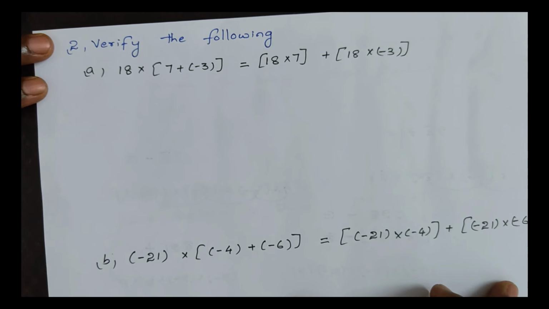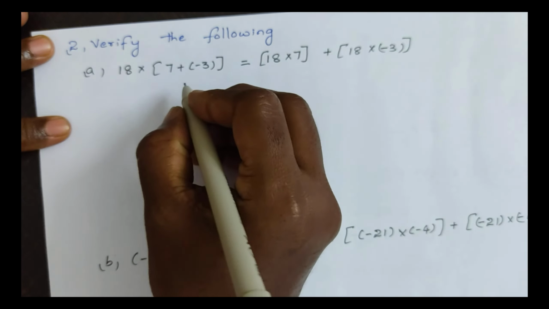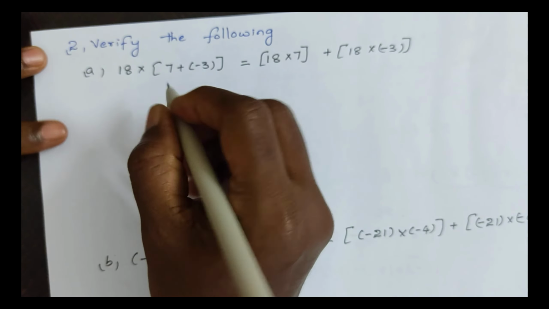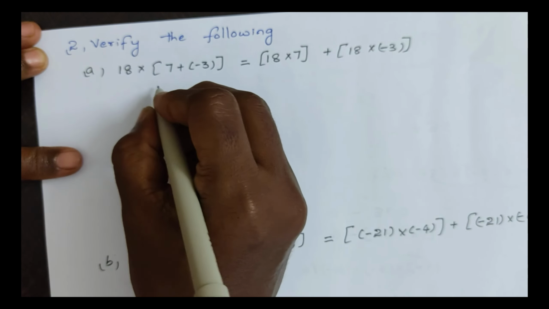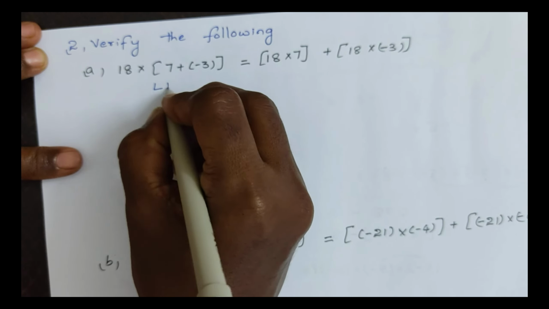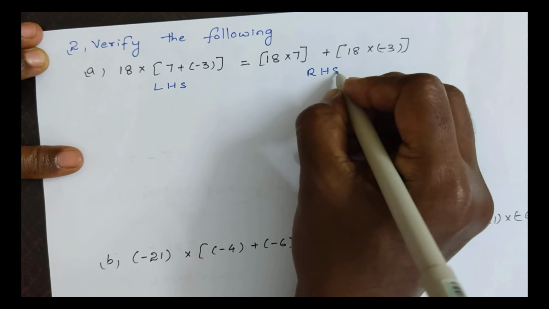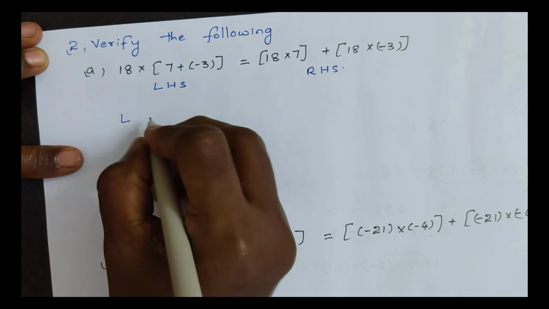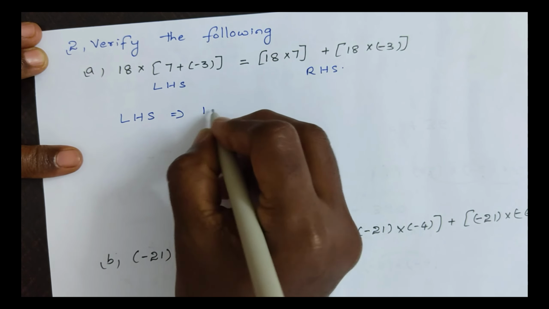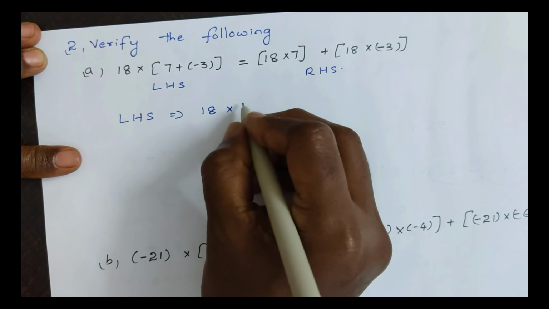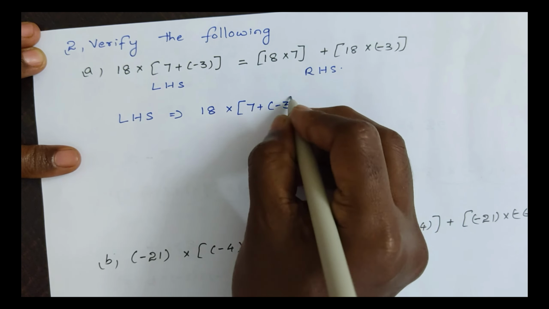Verify the following. So here we are having two sides. What we have to verify? We have to show that both the sides are giving you the same answer. Now this part is called LHS and this is called RHS. Now let us take the LHS part first. What is our LHS part? 18 into 7 plus minus 3.